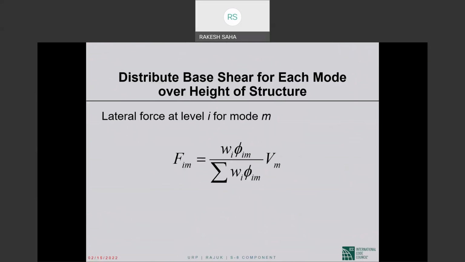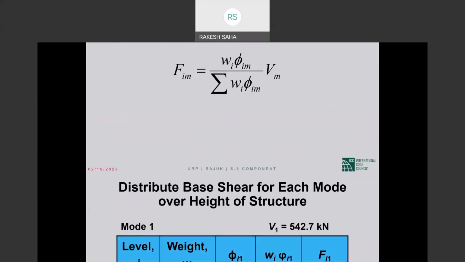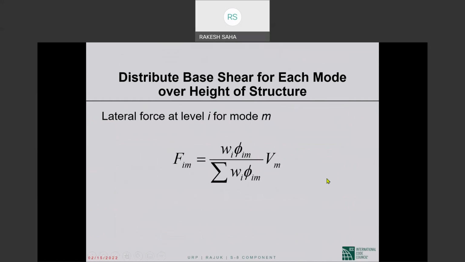The 542.7 kilonewtons of first mode base shear is distributed along the height of the structure according to this equation.